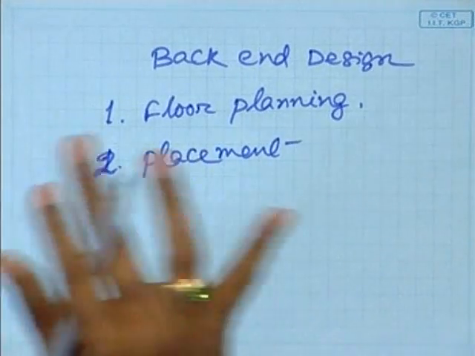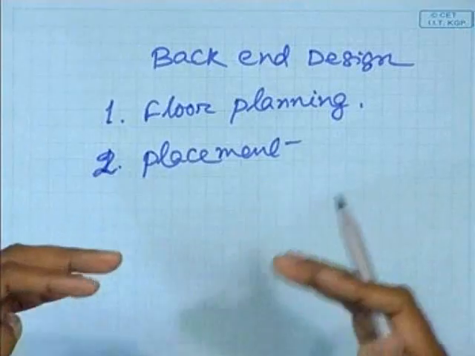I mean, you did the floor planning, okay, so inside it you decide where you will place the cells. How do you place the cells? Say in a room, how will you put your almirah, where will you put the shelves? You have to decide those things. That is how to place your logic cells, so that is placement.